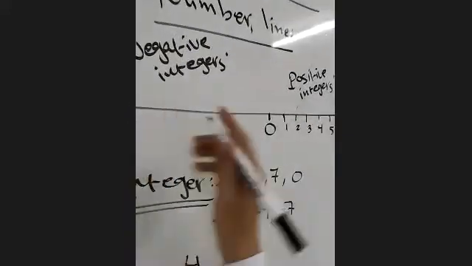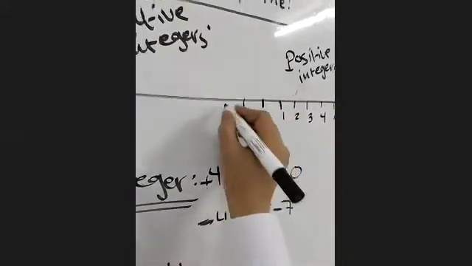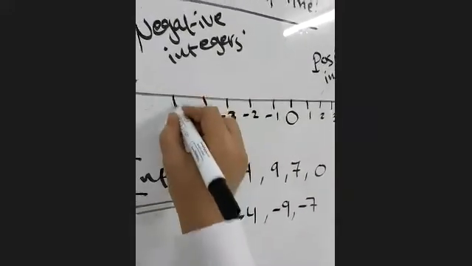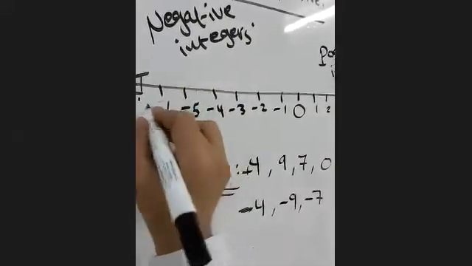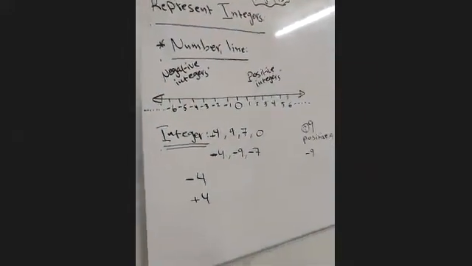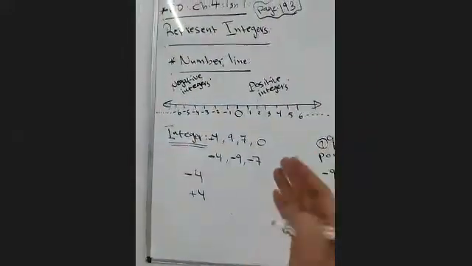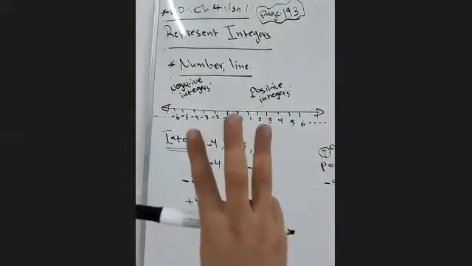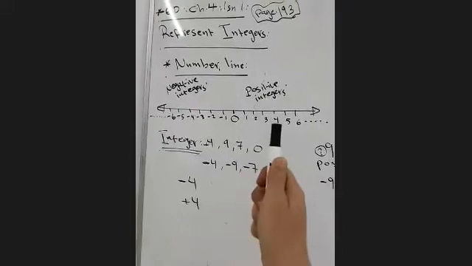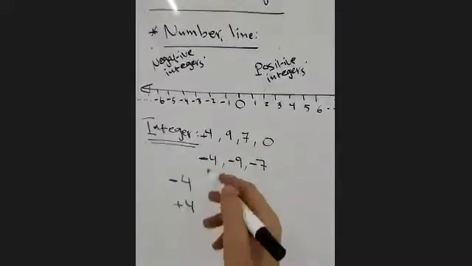So this will be -1, -2, -3, -4, -5, -6, and I will go forever also to the negative side. So this is the number line, guys, containing three parts: 0 at the middle, positive and negative.